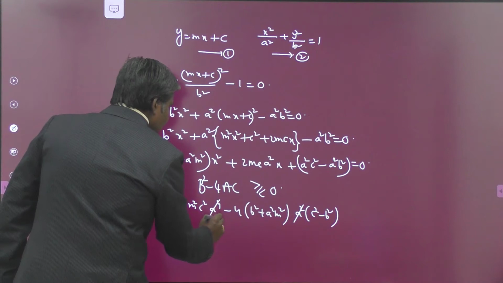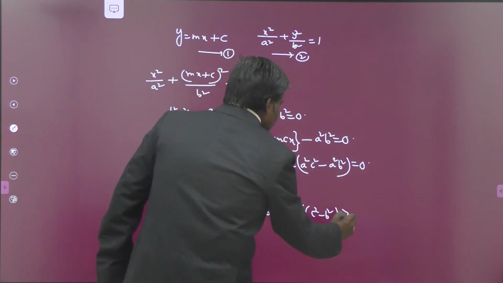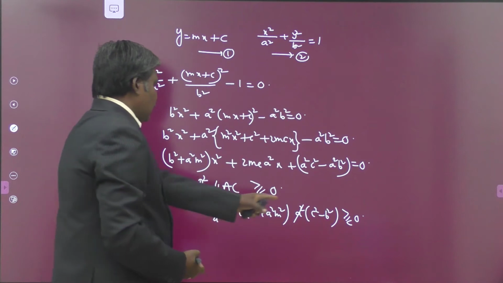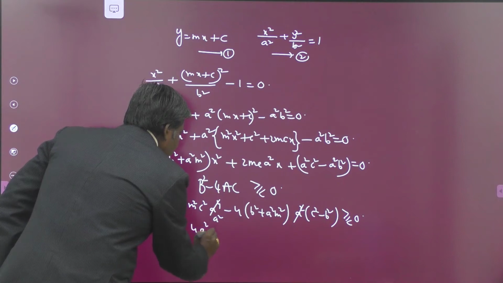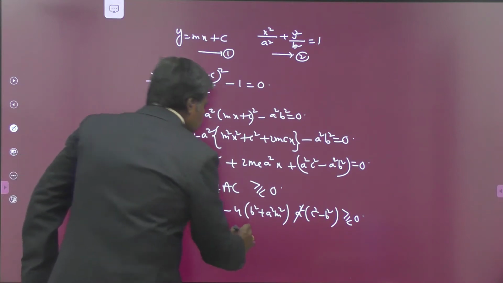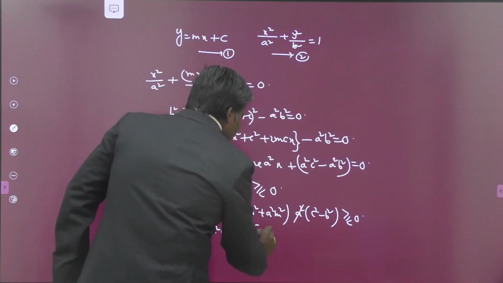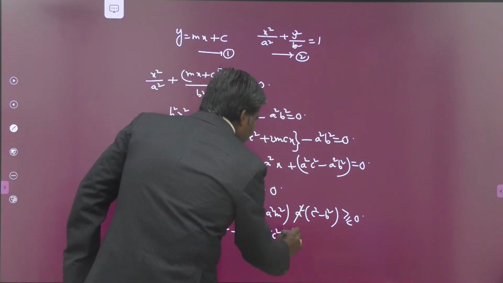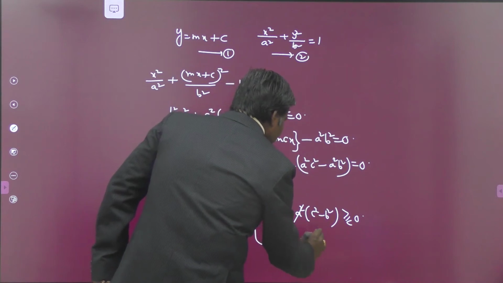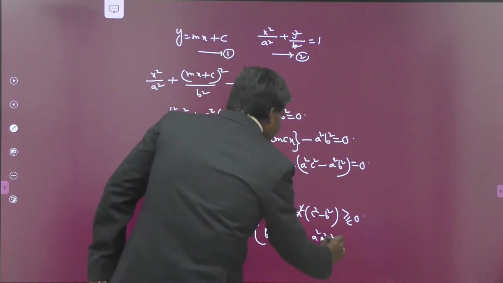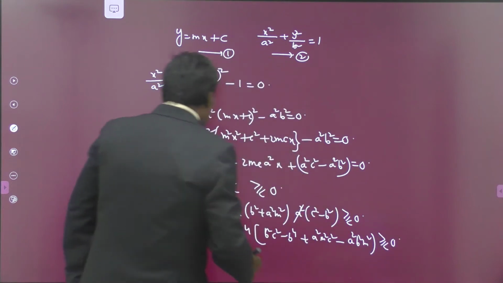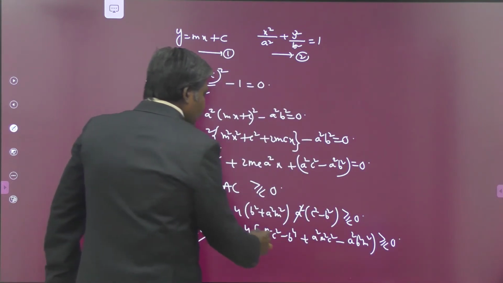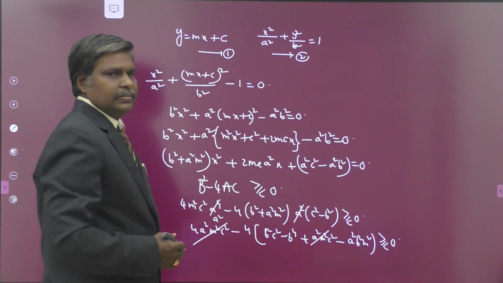A square times the bracket, which is greater than, equal to, or less than 0. A square is never 0, so you can cancel it out because the right side is 0. So 4a square m square c square minus 4 times of b square c square minus b power 4 plus a square m square c square minus a square b square m square, greater than, equal to, or less than 0. 4a square m square c square gets cancelled.